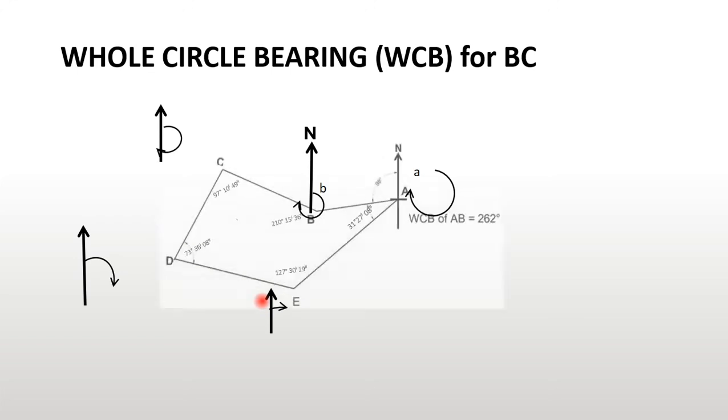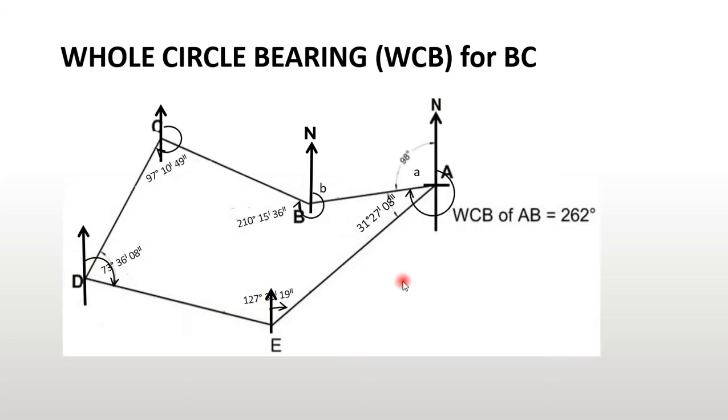So if we look at the whole circle bearing for BC, as you can see, we have the whole circle bearing for the line AB, and angle A, in that case, is 98 degrees, and angle B is going to be 180 degrees minus angle A, because these are allied angles.